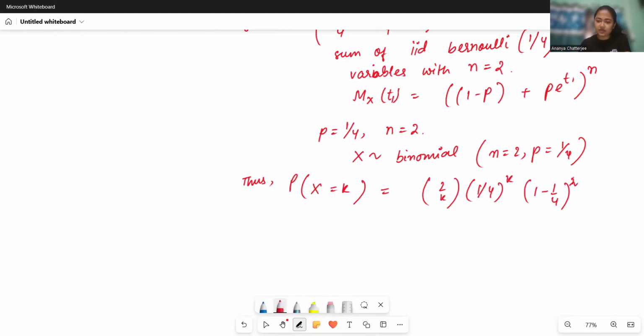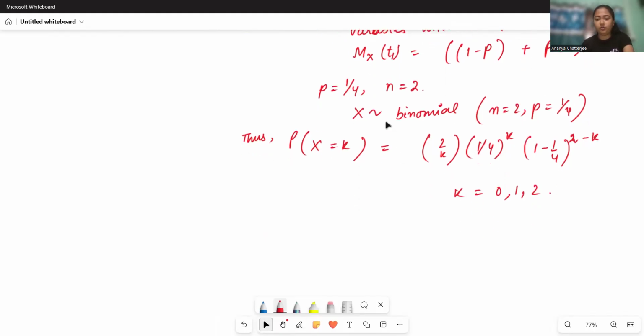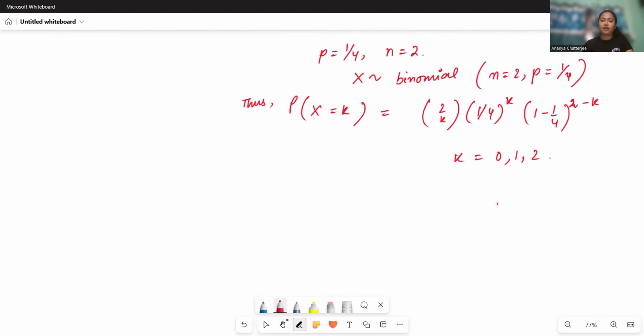Here n is 2, so 2 minus k, for k equal to 0, 1 and 2, right?